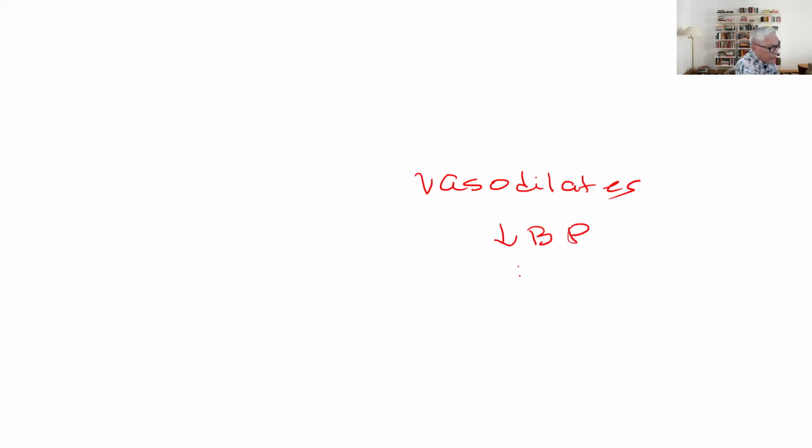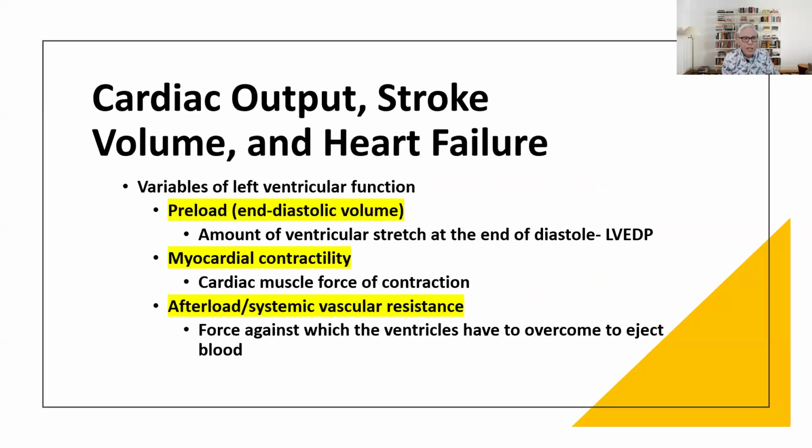You will have a decrease in your afterload. Okay, so decreasing the afterload actually is going to diminish the work of the heart.